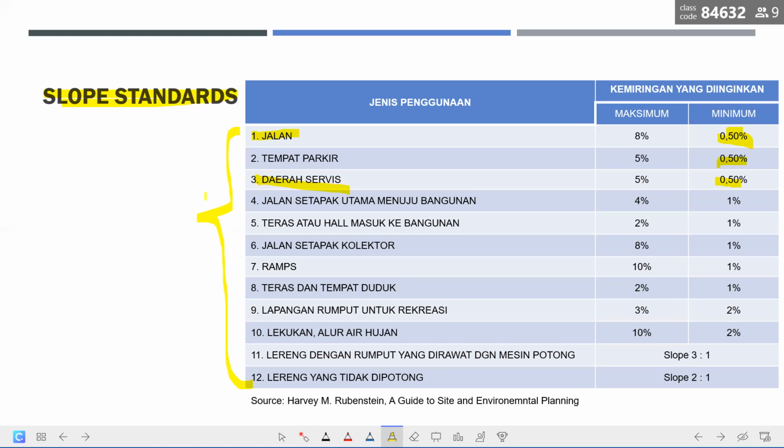You can Google slope standards and find there are many different standards, but I think for some components or activities, the standards are relatively the same.